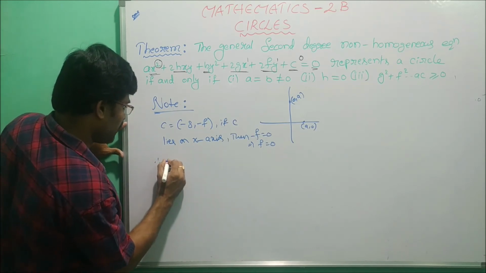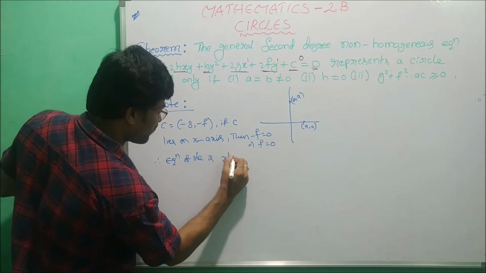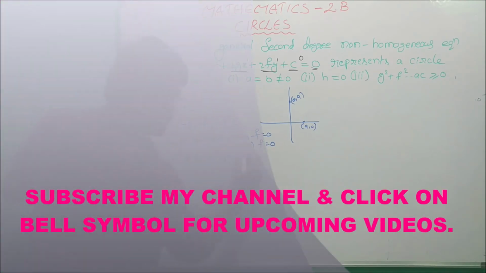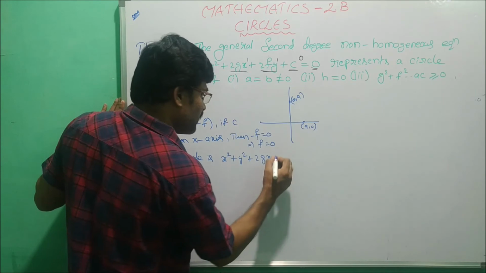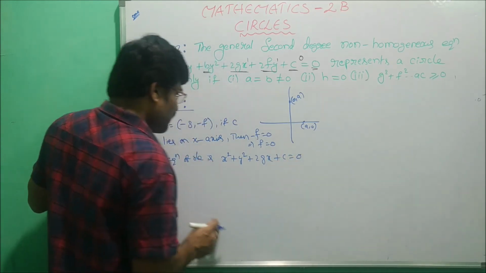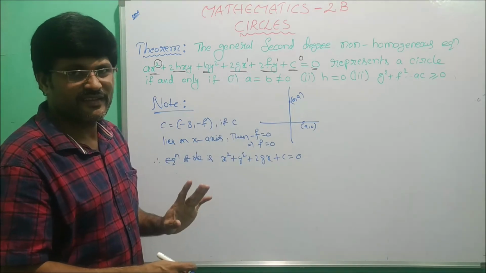Therefore, the equation of the circle is x square plus y square plus 2gx plus c equals 0. Here f is 0, so the y term is 0. This is the equation of the circle when the center lies on the x-axis.